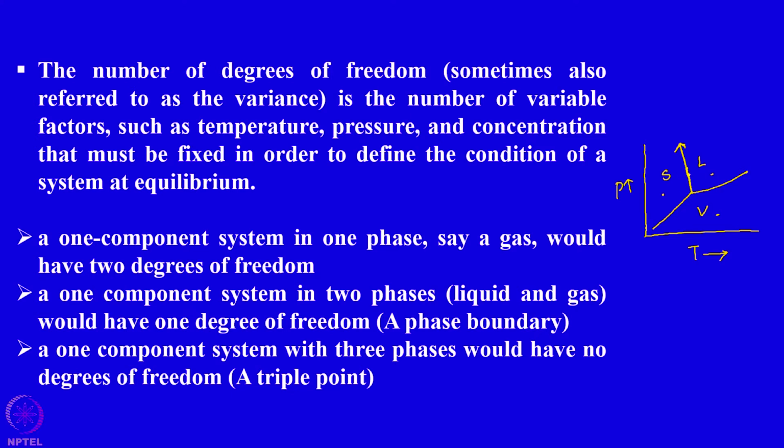So, if we change one component, either temperature or pressure, the other one also changes simultaneously and the equilibrium is maintained. And when the 3 phases coexist, this point is called the triple point, where we cannot change anything without disturbing the equilibrium of the 3 phases.